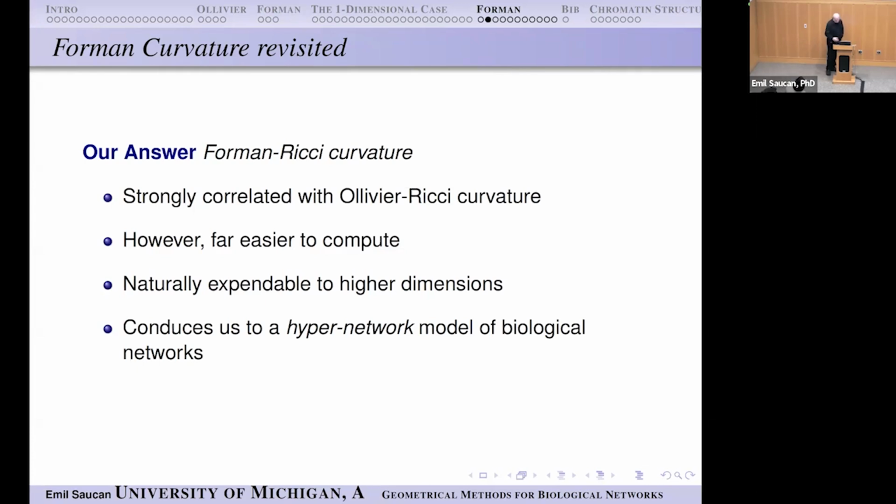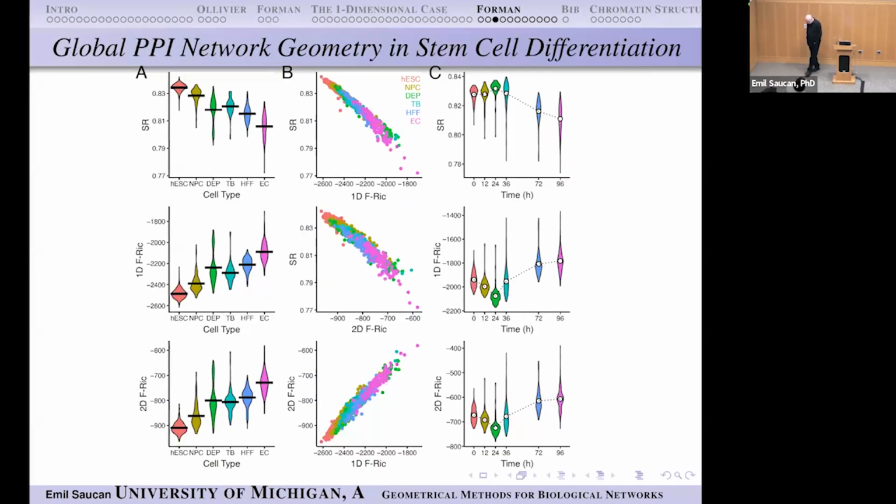So if you use this, then you are very much into considering hypernetworks for this kind of phenomena. Okay, so I'm going back to what we saw before. The same examples basically, just now we're taking into account not just edges, but two-faces, triangles, and so on.